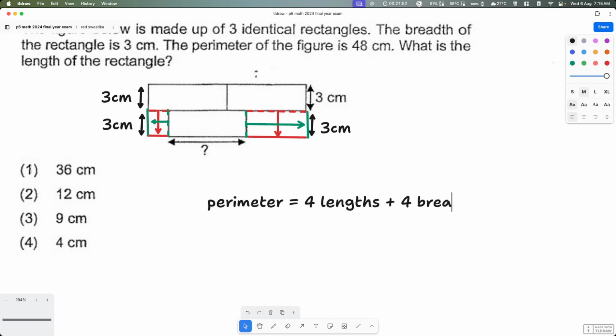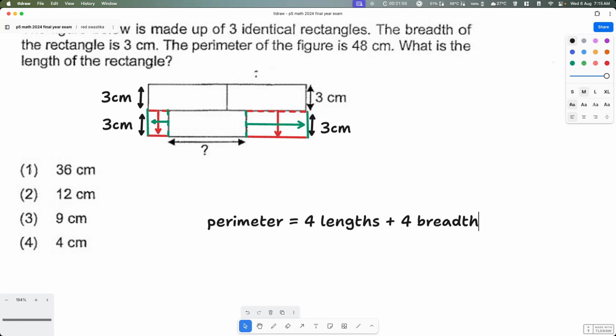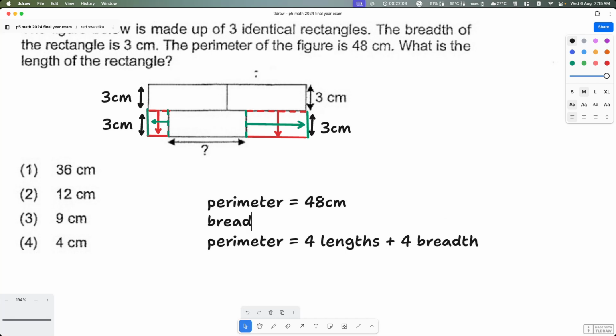Yes. So in this case, the perimeter is equal to 48, and we also know the breadth is equal to 3 centimeters. So 48 is equal to 4 lengths plus 4 breadth, which is 4 times 3.